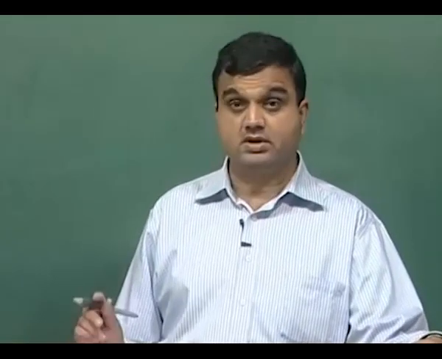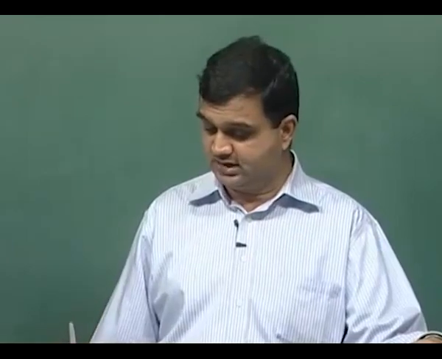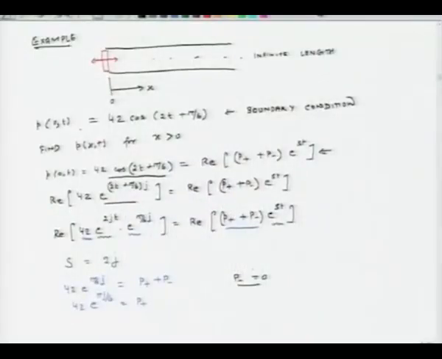So, now we have calculated through the boundary conditions that P minus is 0, because this is for a tube wave traveling in a tube which is infinitely long. All the waves which are getting generated here keep on traveling forever and they never hit a surface or change in impedance which causes reflection. So, P minus is 0, and as a consequence we figured out that P plus is 42 e to the pi j over 6, and finally the complex frequency, which is s, is the same as 2j.